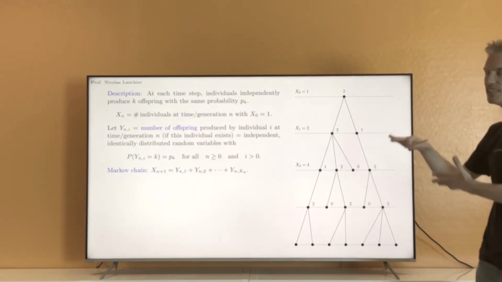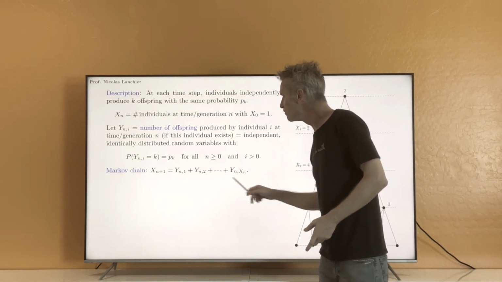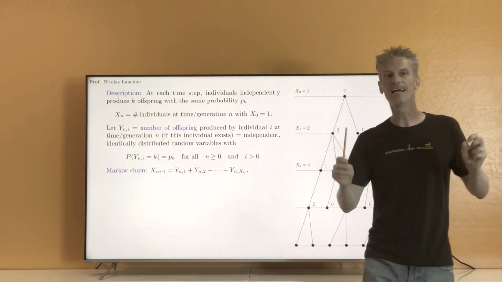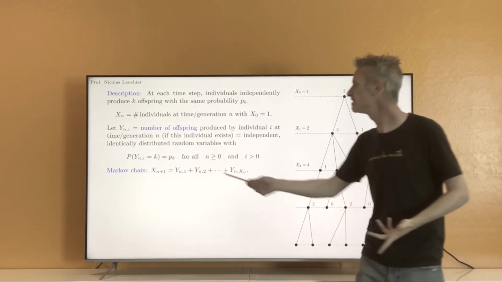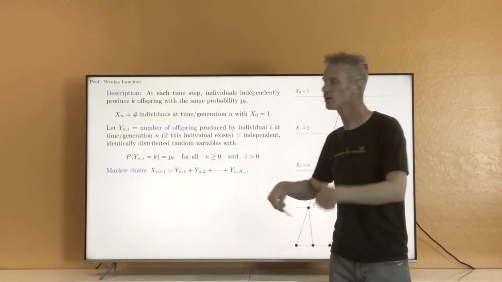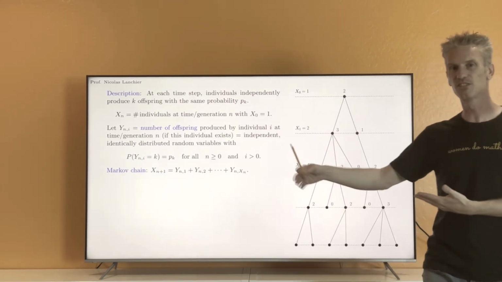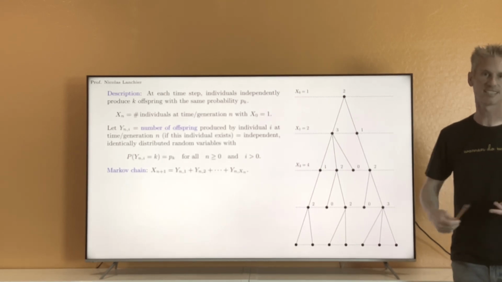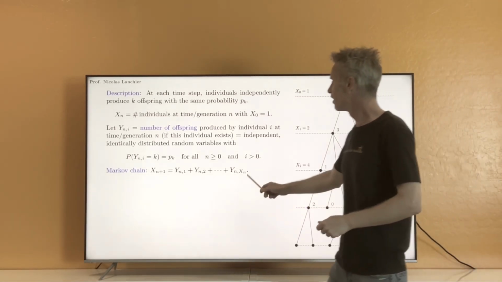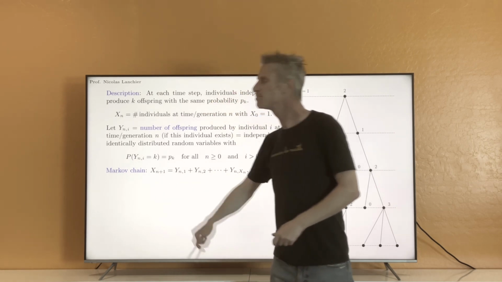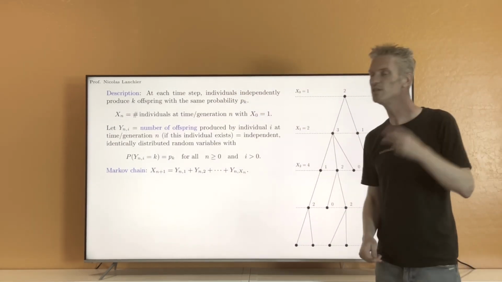That's implicitly in this expression. If xn equals 0, this sum is empty, and by convention, an empty sum in mathematics is equal to 0. So this expression is also valid when xn equals 0, and tells you that if xn equals 0, then xn plus 1 equals 0.